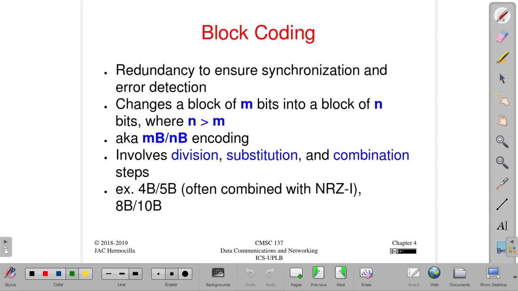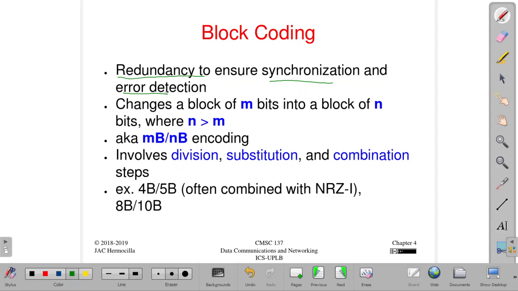So block coding, we want to provide redundancy to our signals in order to provide synchronization and error detection.